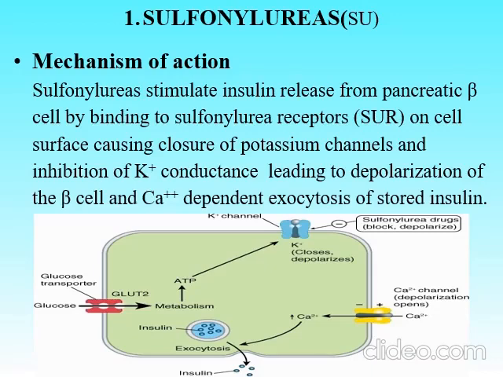We start with the sulfonylurea group. As we know from the classification, the sulfonylureas and the non-sulfonylureas, their action depends on the secretion of insulin. Therefore, these drugs are hypoglycemic agents.